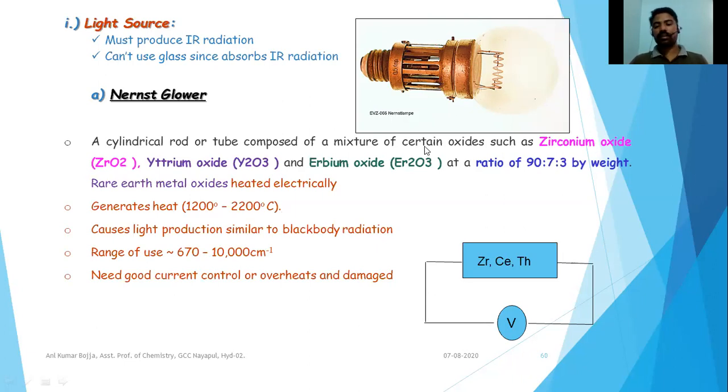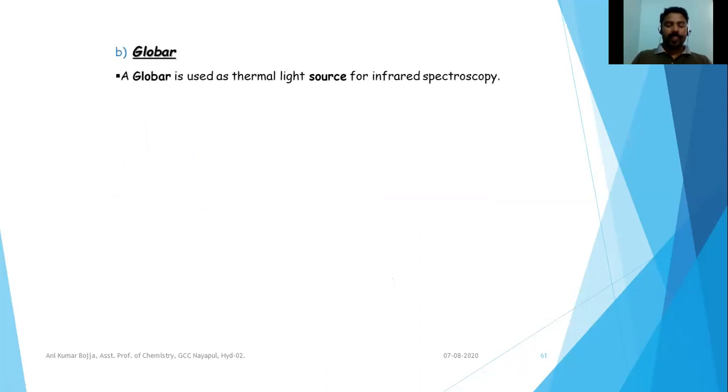So the material has to tolerate heat up to 2200 or 2300 degrees Celsius, and that kind of material has to be used in manufacturing a Nernst glower. This is the drawback. And of course it is good, but maintaining that kind of material in that instrument is expensive.